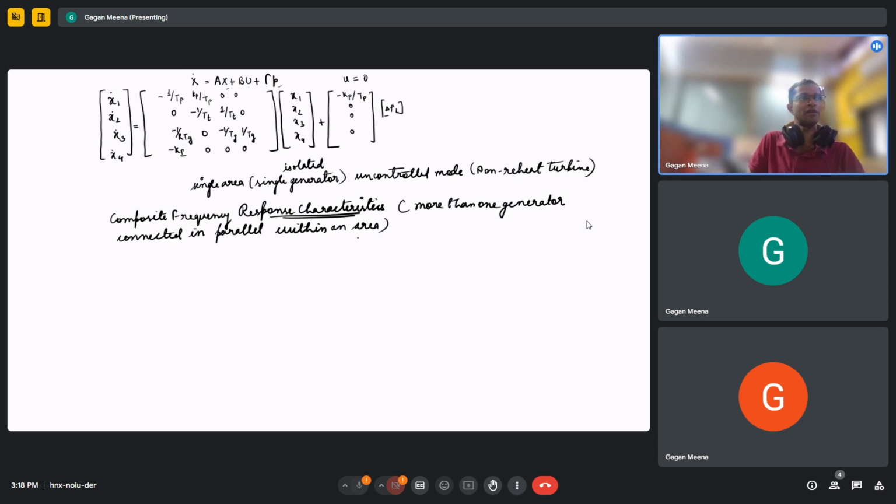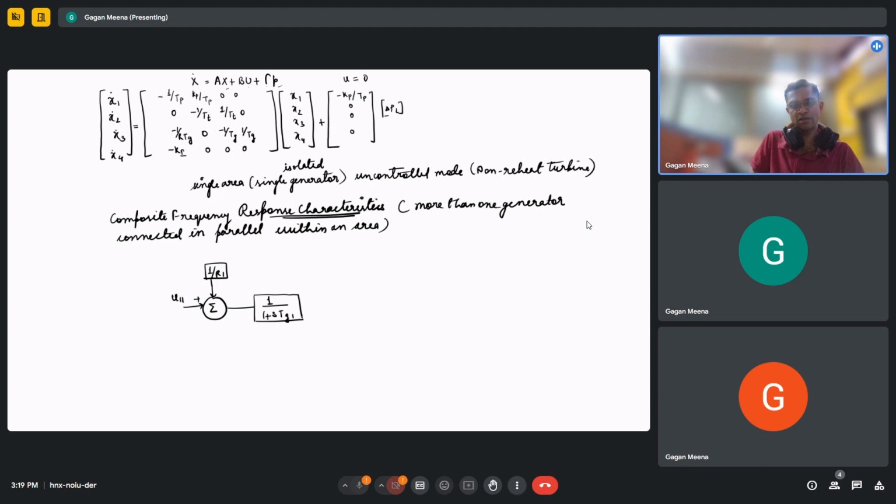So till now we were having only one single unit, and for a single unit we have output like this. If we have more than one, let us say n generators, then it will be something like this. Here we will be having 1 by R1, then 1 by STG, the governor.